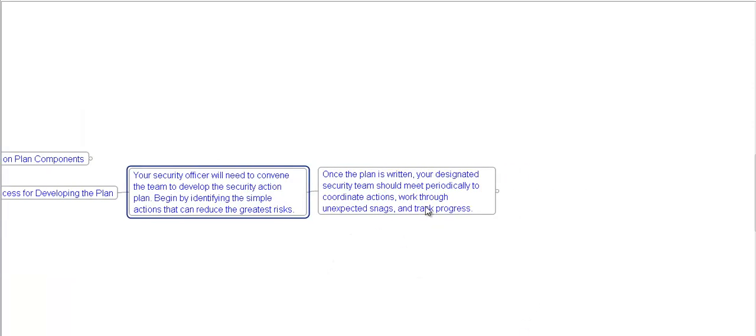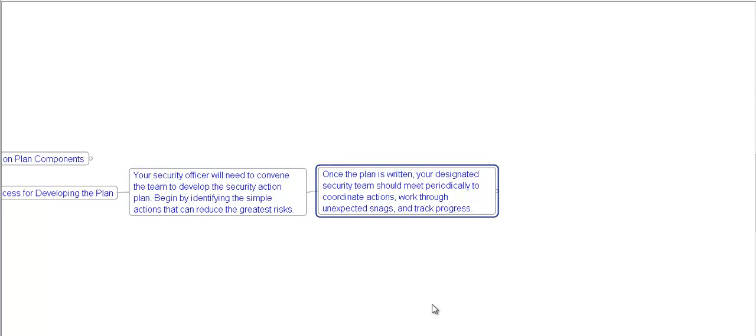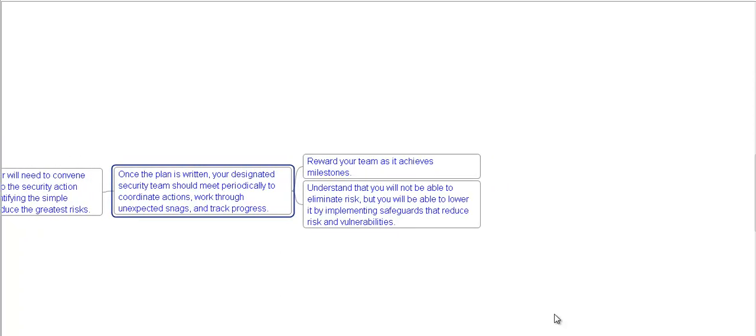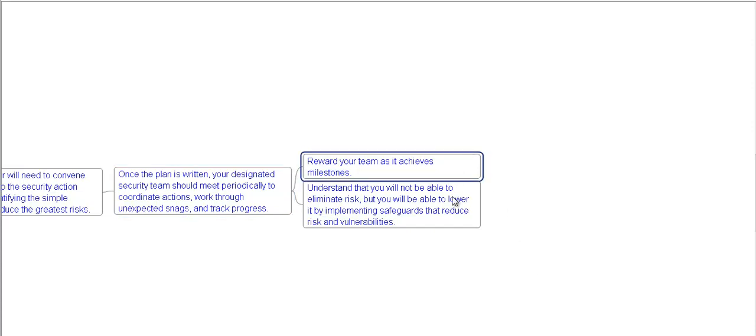Once the plan is written, your designated security team should meet periodically to coordinate action, walk through unexpected snags, and track progress. Reward your team as it achieves milestones. Understand that you will not be able to eliminate risk, but you will be able to lower it by implementing safeguards that reduce risk and vulnerabilities.